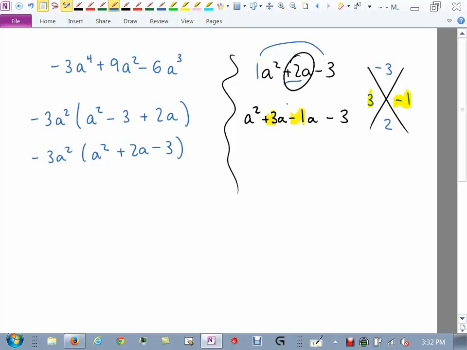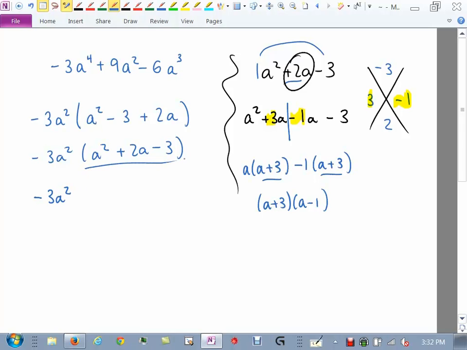Now I do grouping, pull out an a out of the first one. Over here, pull out a -1. Since these two match, you get a plus 3 times a minus 1. And that was just that part on the side. We still have to come back here and put it together. So I pulled -3a squared out, and this whole thing just turned into a plus 3 times a minus 1.